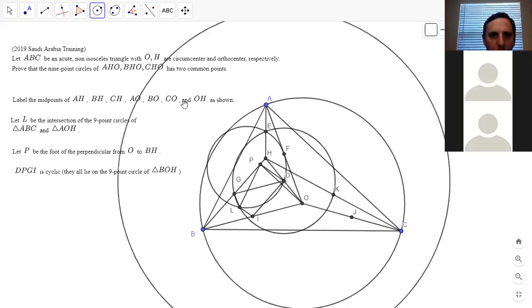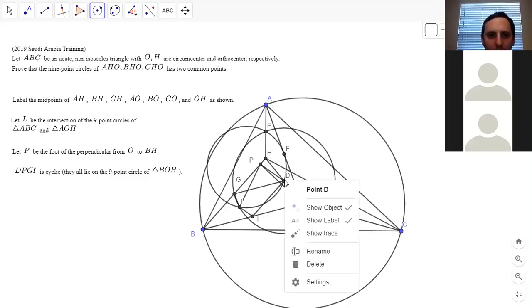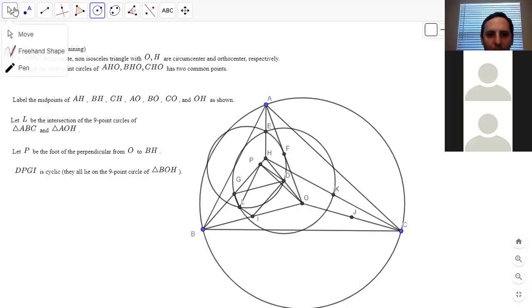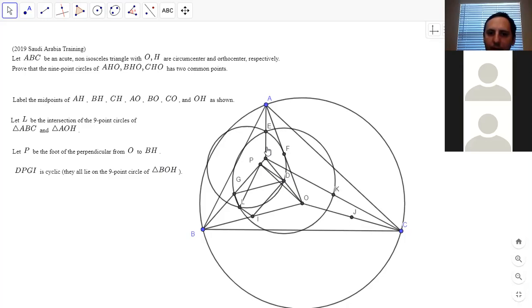Oh, of course DL. Oh yeah, because D is the 9-point center. So I forgot that. So yeah, DL is equal to DE, which is half the radius of the circle. Actually, just because L is on the 9-point circle, DL is half the radius.